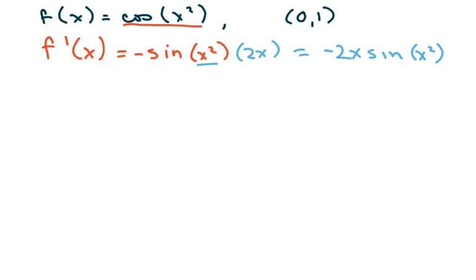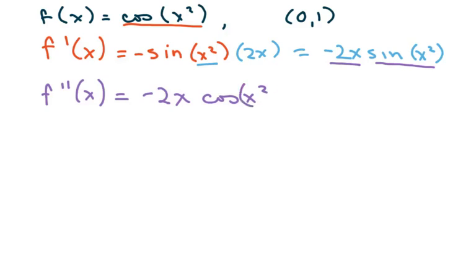Now we take the second derivative, and this is going to be the product rule. So we write down the first part, the first function, take the derivative of the second one, which is going to be derivative of sine is cosine of x squared, times the derivative of the inner function, which is 2x.